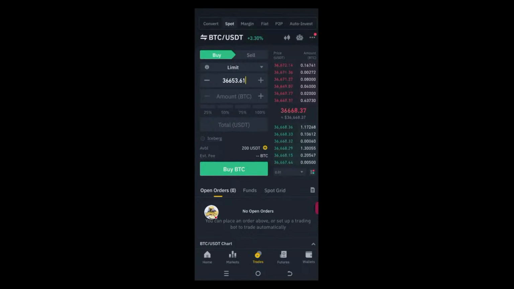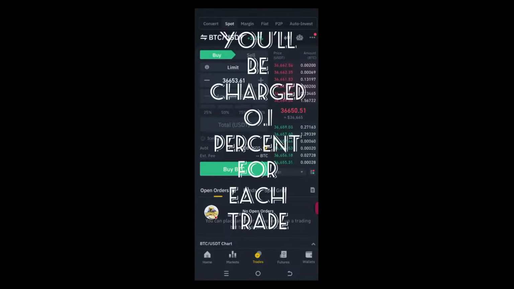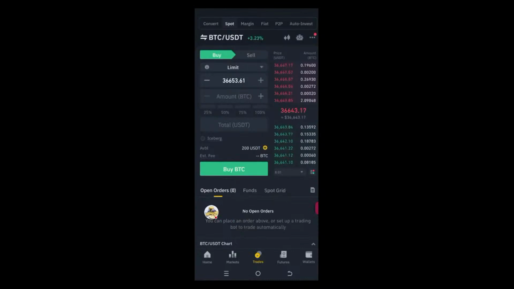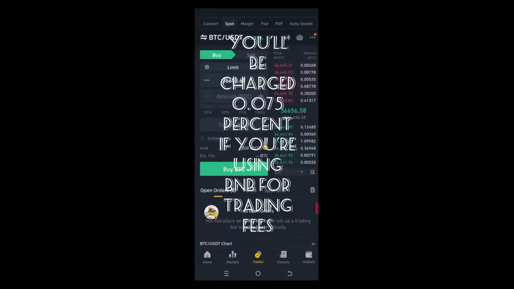Now, of course, you should realize that in the spot trading section here, you're going to be charged 0.1% on any trade. And if you're using BNB for your trading fees, you will be charged less, like 25% less, 0.075%, something like that.